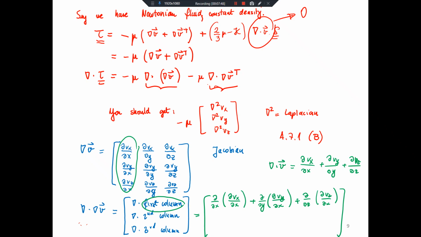So this is second order, basically a double derivative of vx with respect to x. Then we have d dy, d dx of vy, and d dz of d dx of vz.